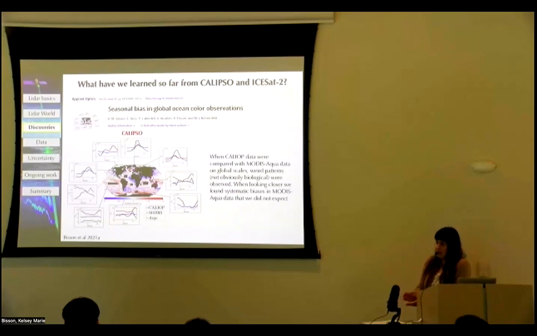In the end, what we discovered is that the MODIS Aqua data had been significantly biased, and still is, unfortunately, because of some of the atmospheric correction scheme. This plot shows the ratio of MODIS Aqua to CALIOP backscattering, and it varies by a factor of 2. The red is a factor of 2 different, and dark blue is in the other direction.